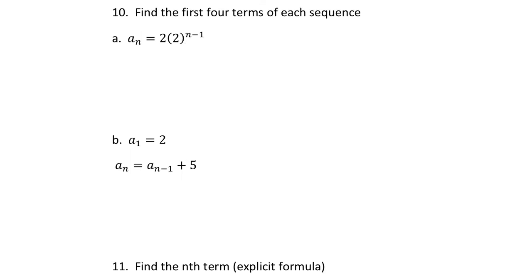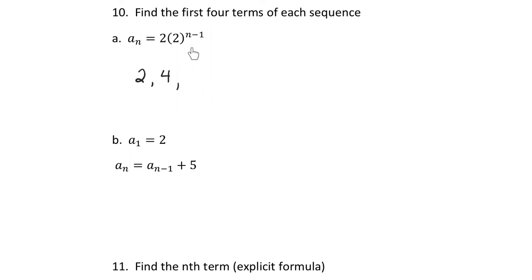So let's start with part A. To find the first term, again, the first term is when n equals 1. So if you plug in a 1 right here for n, 1 subtract 1 is 0, 2 to the 0 power is 1, 1 times 2 is 2. So the first term is 2. Now for the second term, I'd plug in a 2 for n. 2 subtract 1 is 1, 2 to the first power is 2, 2 times 2 is 4.